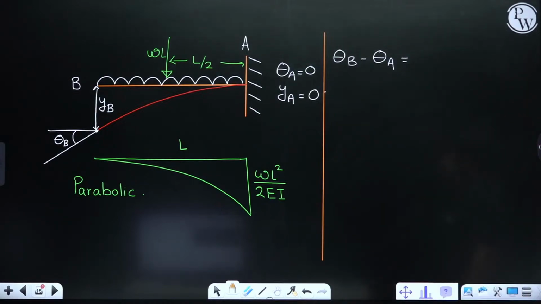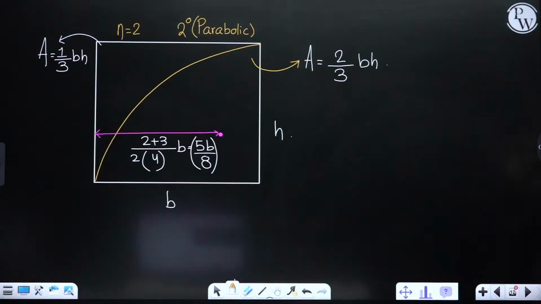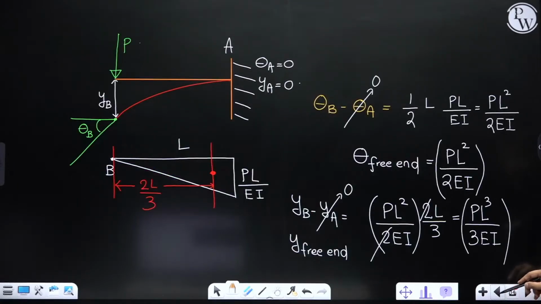Now tell me, will I use the 1 by 3 or 2 by 3 formula for the parabola? This is looking like what? 1 by 3 BH or 2 by 3 BH?